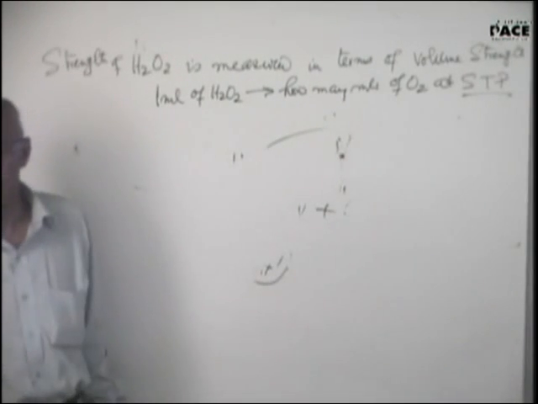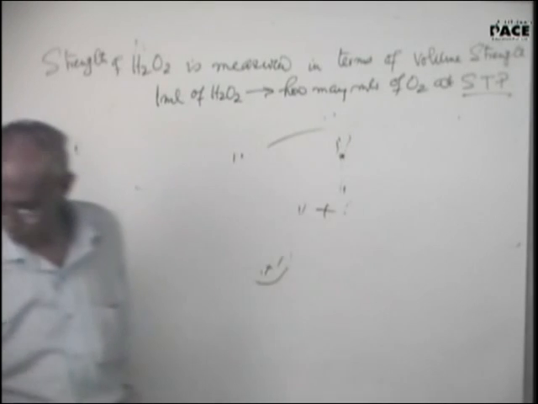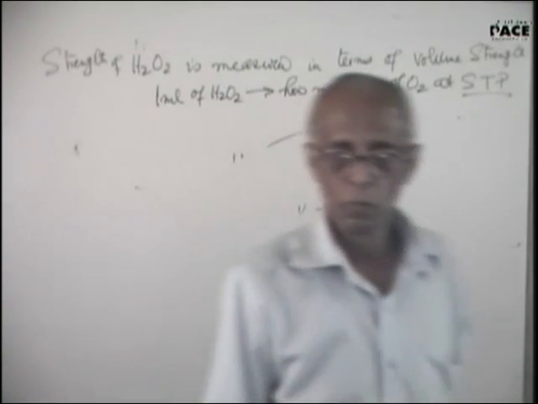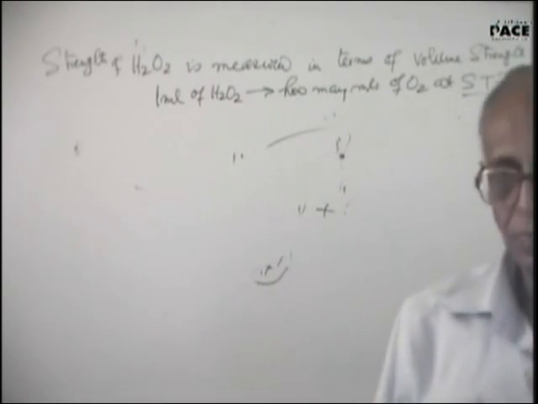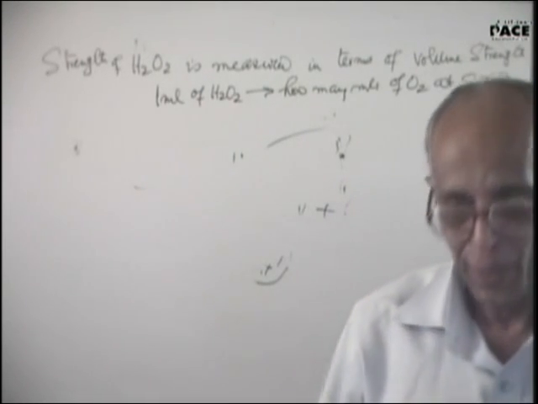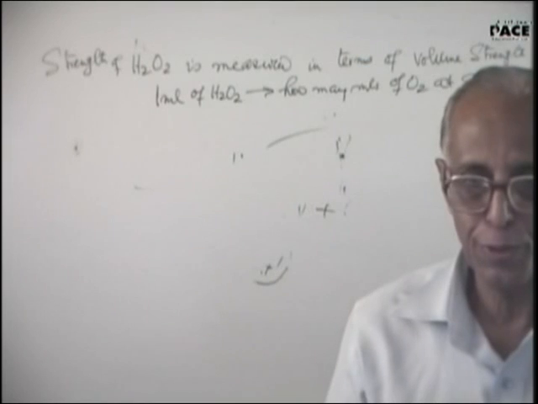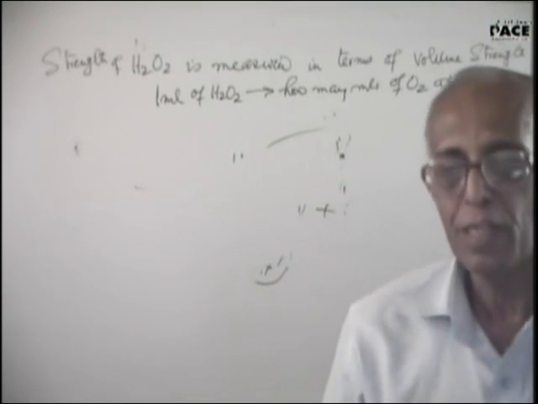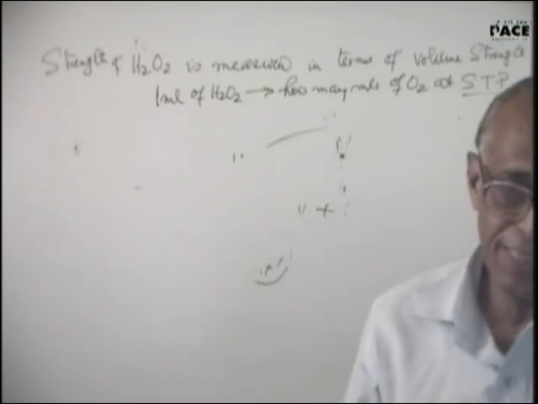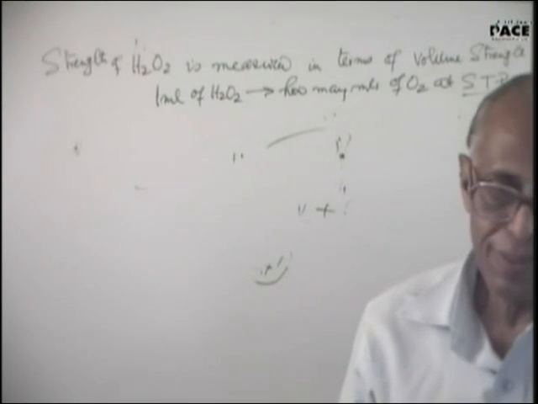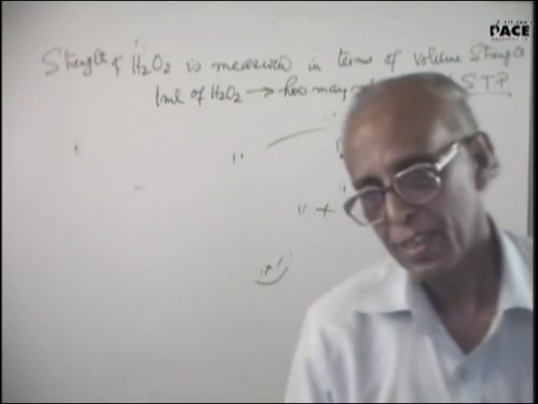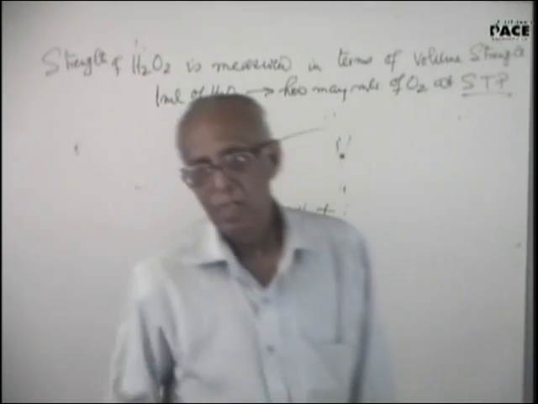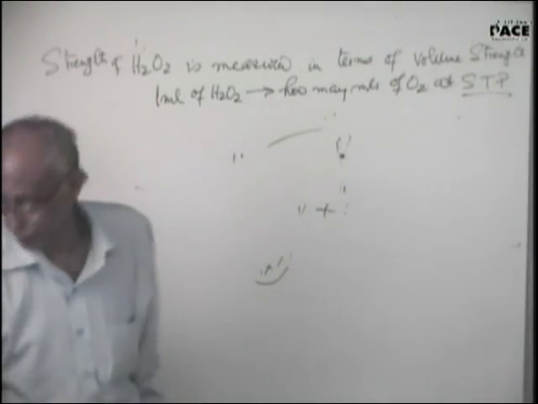Excuse me, sir. What products do SO2 and Na2S2O3 give on reaction with chlorine? I will give you that when it comes to sodium thiosulfate, we will do this reaction. It will give sodium sulfate, sulfur plus sodium chloride.